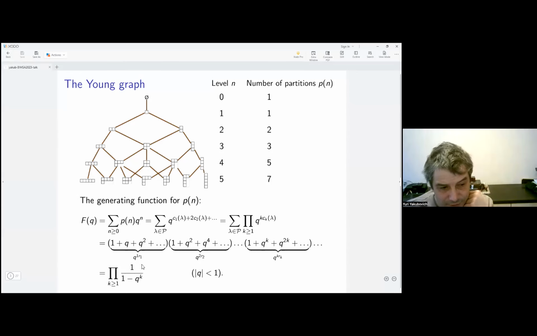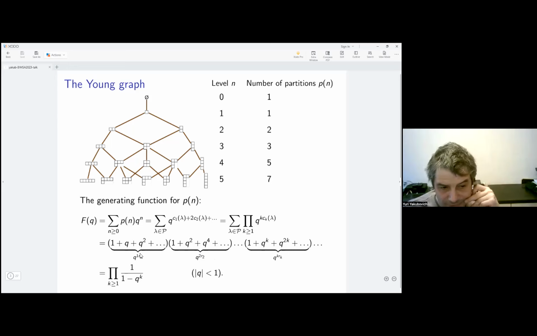Then, in order to obtain q to the power n from this product, we should take some q to some power from the first parenthesis, which is 1 times r1, and then q to some power from the next parenthesis, where we have all powers divisible by 2, so it's 2 r2, and so on.